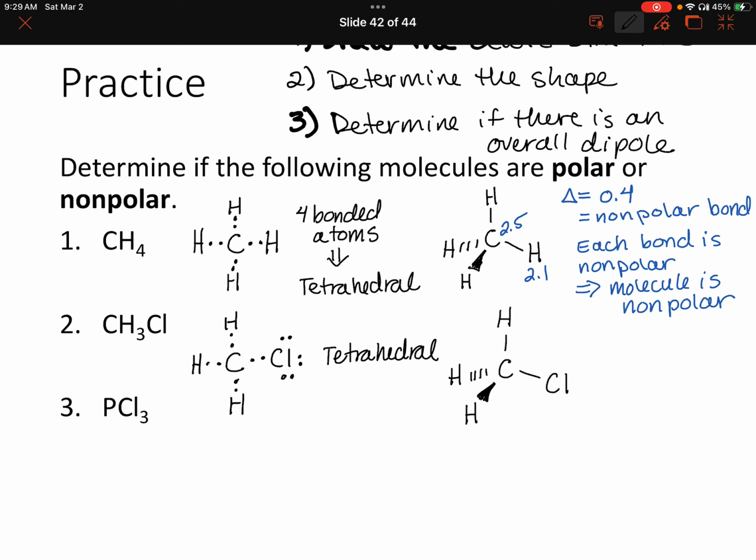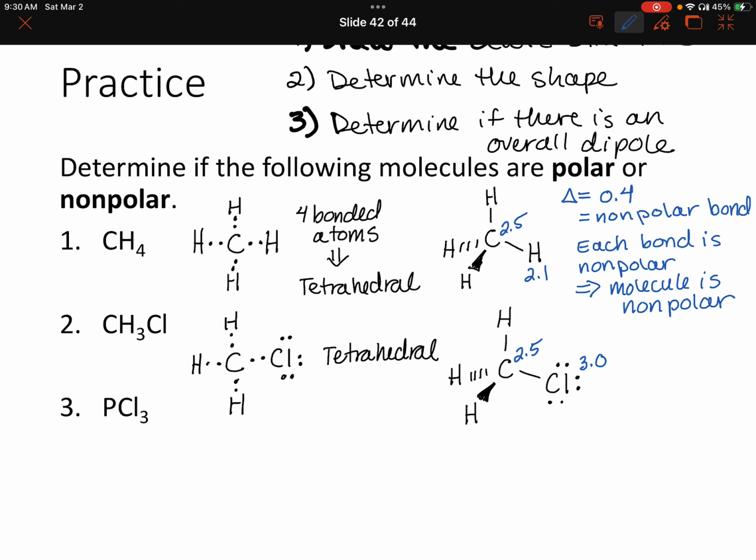All right, so chlorine still has 3 lone pairs of electrons. Now, we said earlier that each carbon-hydrogen bond is non-polar, so those don't have individual dipole moments. But let's look at carbon and chlorine. So carbon has an electronegativity value of 2.5, and chlorine has a value of 3.0.